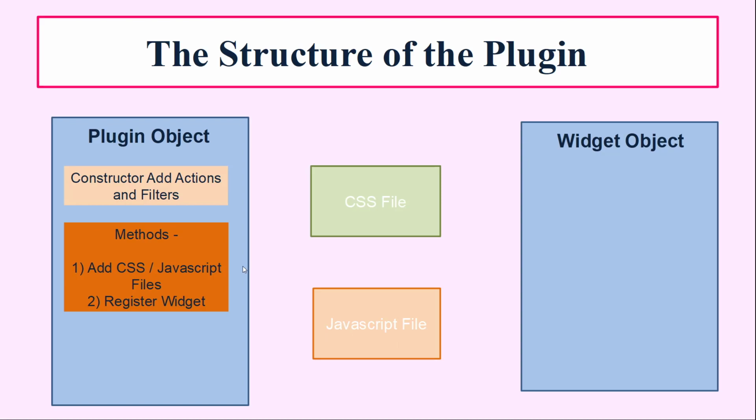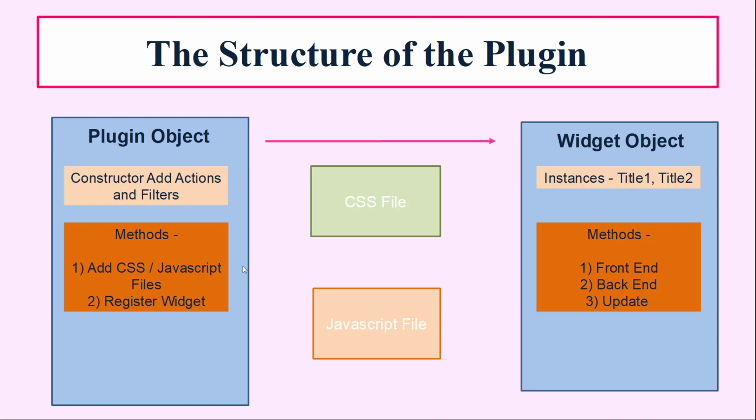We have linked up our widget object with our plugin. Do remember that we are going to call these attributes instances. So in the widget object we call them instances. We need two instances, title 1 and title 2, and then we're going to create three methods in this widget class. However, today we're going to be focusing on the backend method.